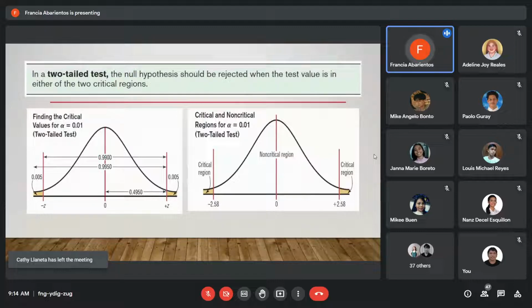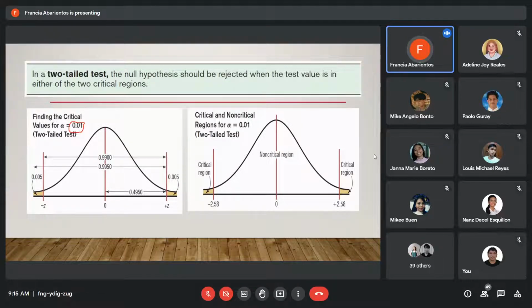Another example is for a two-tail test. Okay. The null hypothesis should be rejected when the test value is in either of the two critical regions. Ibig sabihin, class, pag nag-fall siya dito sa critical region, you should reject your null hypothesis. Okay? So, in a two-tail test class, your alpha is divided into 2 kasi two-tail test siya, in both sides.